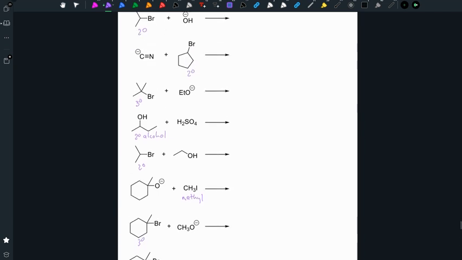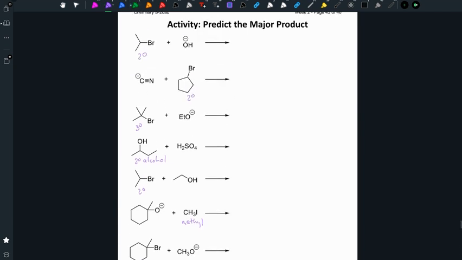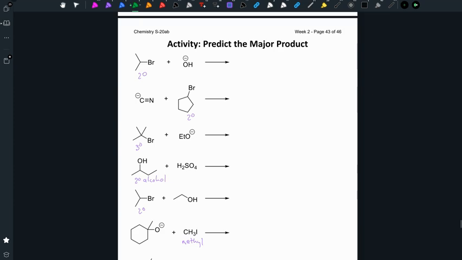So that's my first step. Then I'm going to look at my other reactants and characterize whether they're good nucleophiles, whether they're strong bases or weak bases.